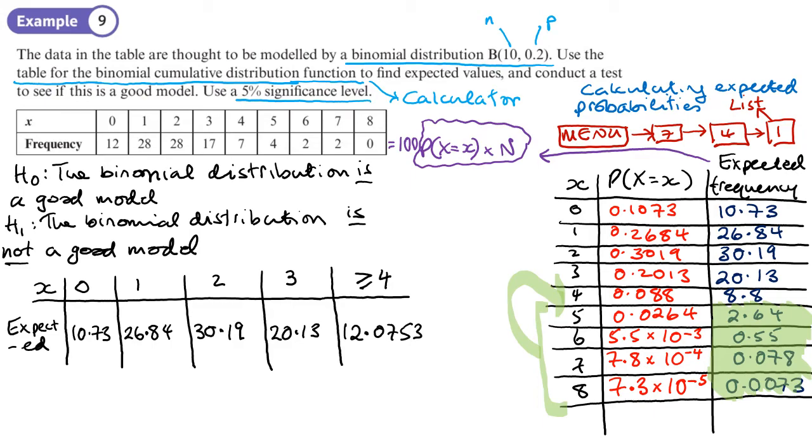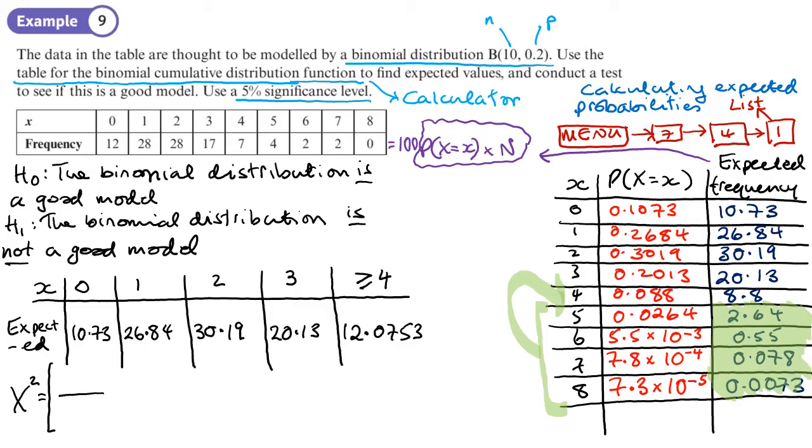So now I'm going to calculate x squared, which is the sum of my observed squared over my expected. Oh, so it's the other way up, isn't it?